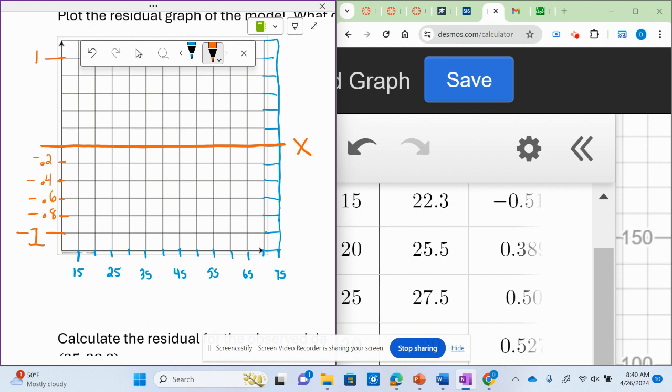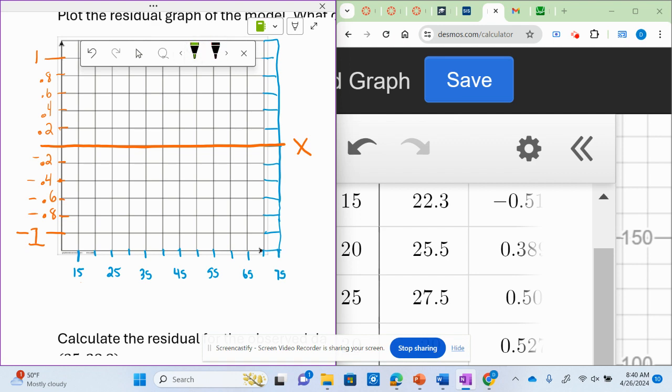That's what each one of these represents. And this is a positive 0.2, positive 0.4, positive 0.6, and a positive 0.8. I'm not going to raise these x numbers up here. We already know how it's counted, okay? So we're going to start plotting our residuals.